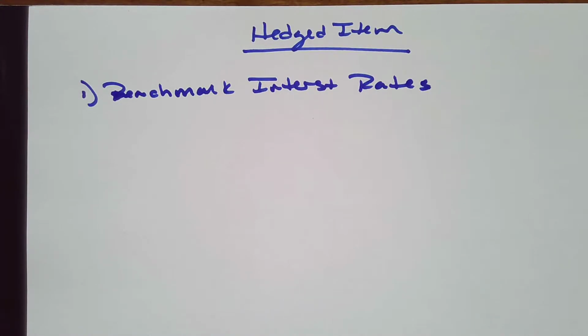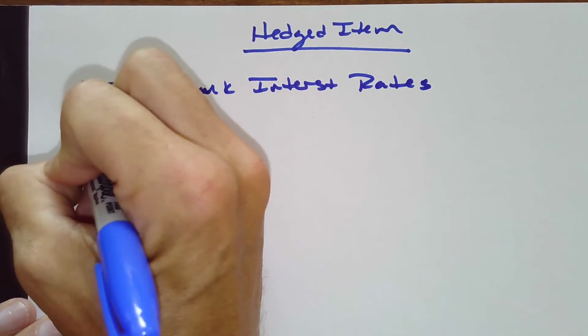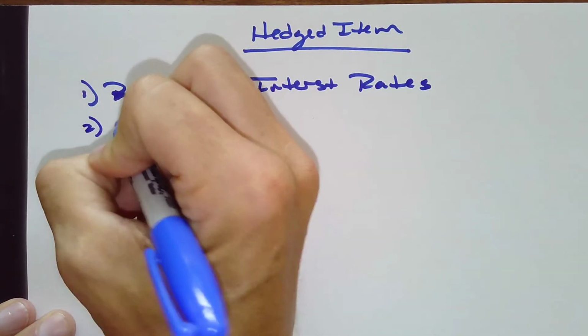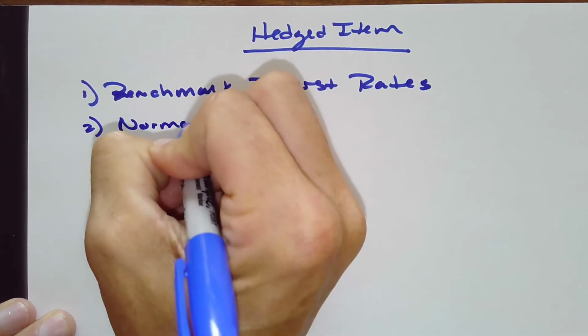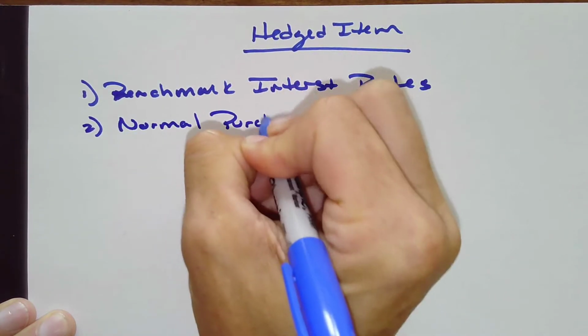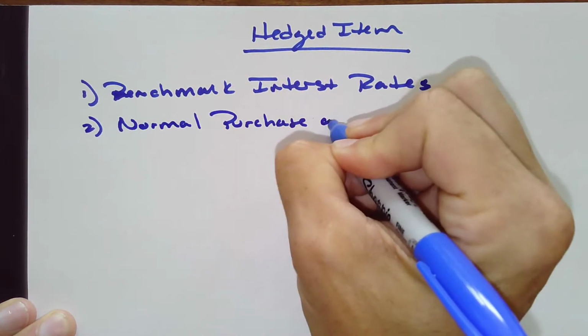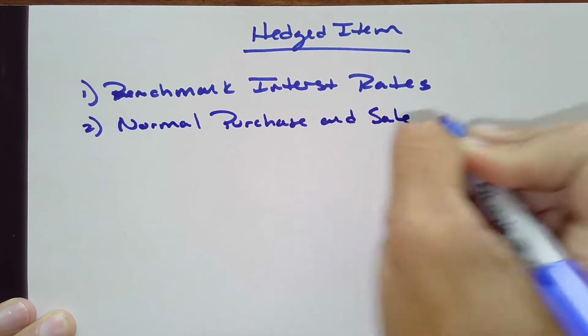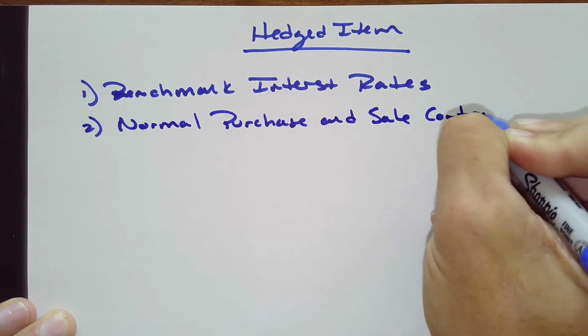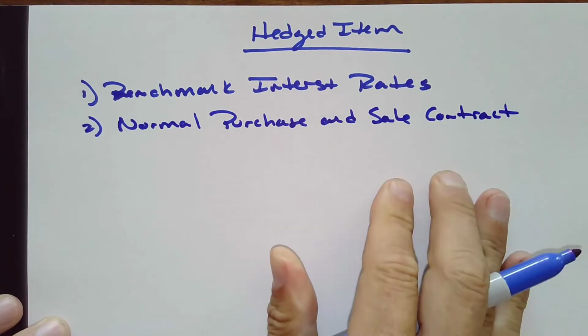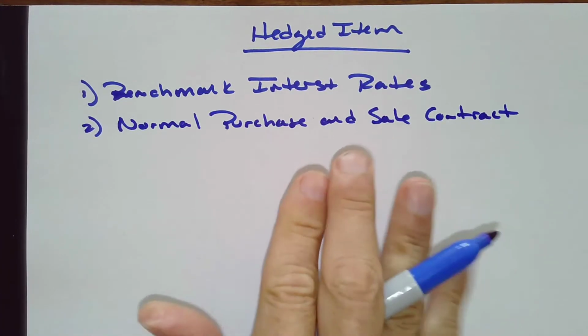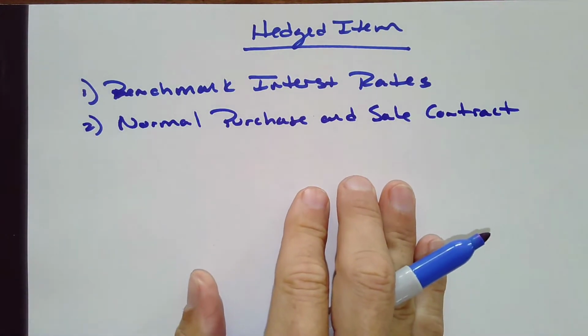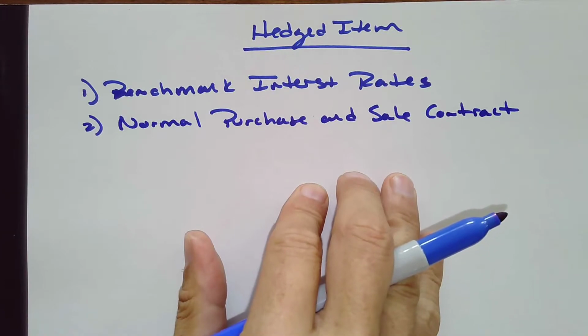If you have a normal purchase and sale contract that does not get exception treatment, that doesn't qualify for exception treatment, right? So we talked about normal purchases and sales and that you can get exception treatment for derivative accounting.